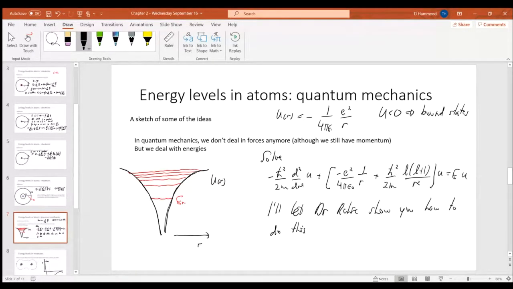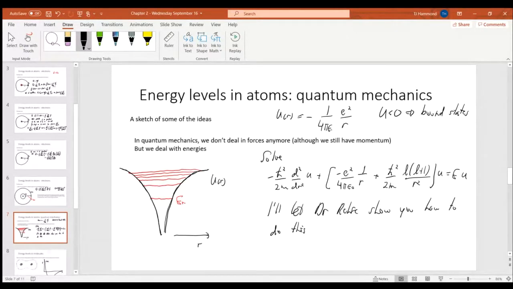Now in quantum mechanics, we have to solve this full 3-dimensional Schrödinger equation. You can actually simplify it so that it goes down to 1 dimension. But you can see that you have second-order derivatives with respect to this radial function u, and then you have the potential negative e squared over 4 pi epsilon naught 1 over r. So you still have this same radial potential.